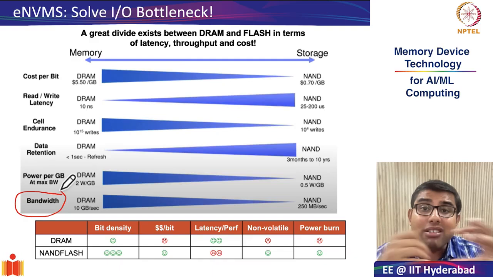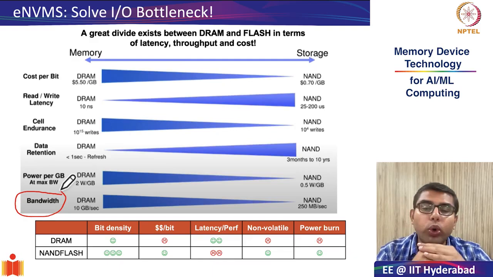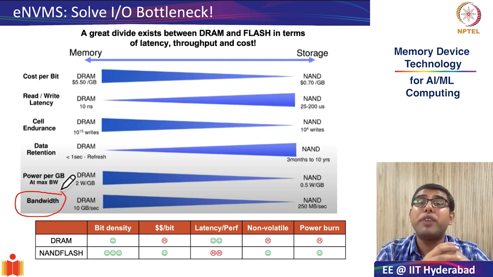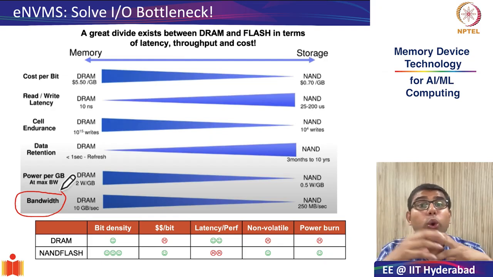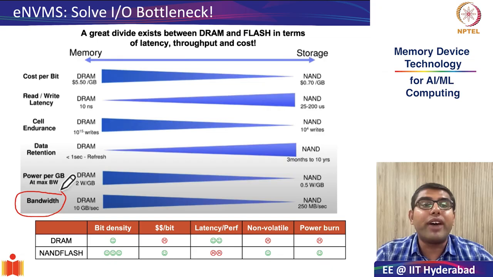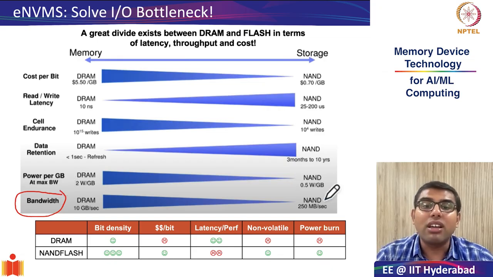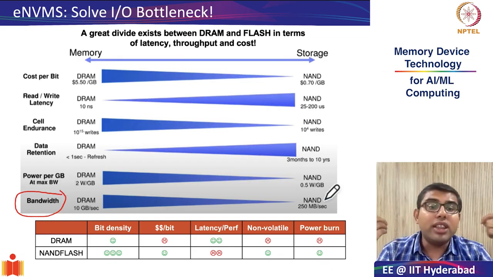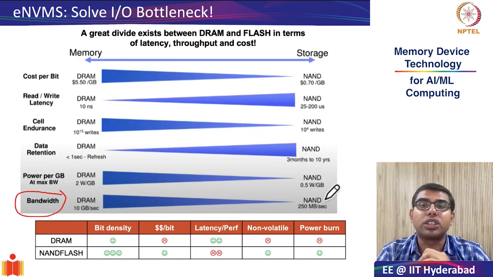But as you enter the era of AI/ML computing, which is data-driven computing, the pinch of the IO bottleneck is much, much more adverse. You are feeling that pinch very, very significantly. That is the reason why we have started to look at other forms of memories, such as storage class memories, that can fill this large divide between the bandwidth of DRAM and NAND flash, right?